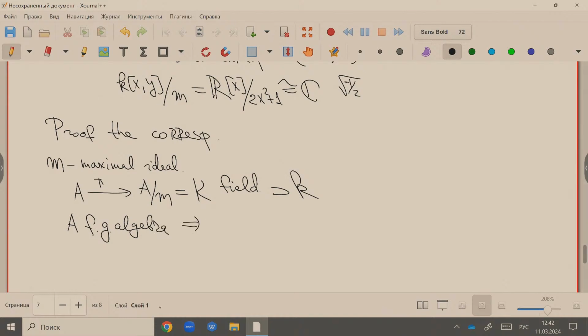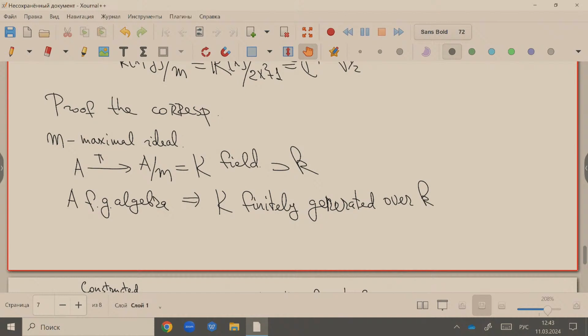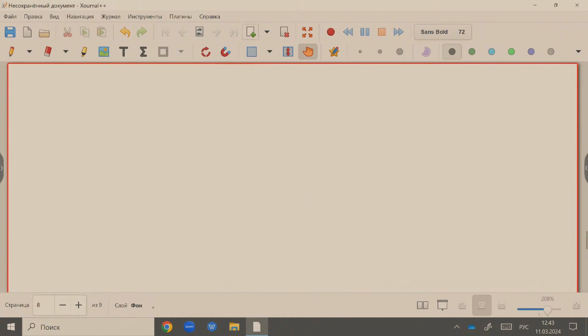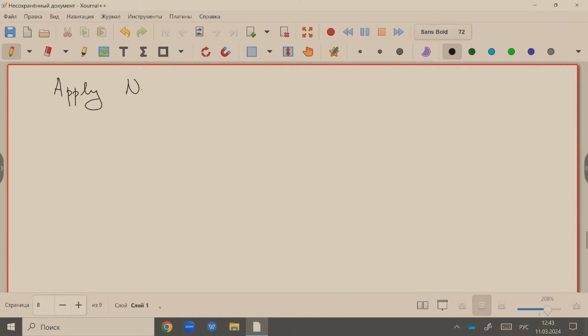So this implies that the field A modulo M is finitely generated over K. So let us apply Noether normalization. Apply Noether normalization to this field and K.